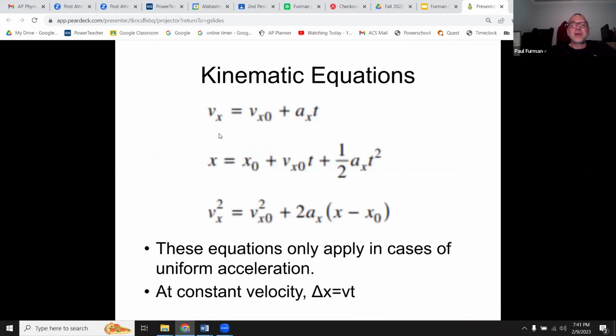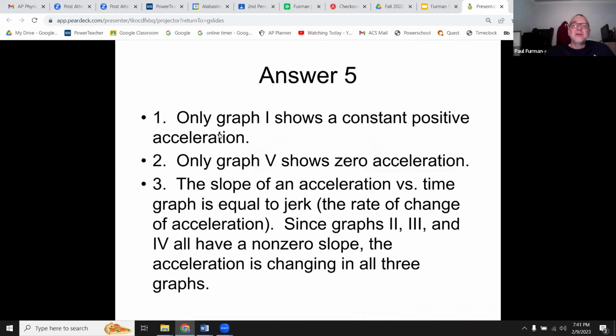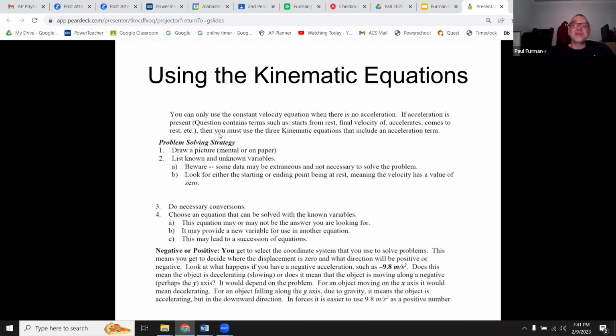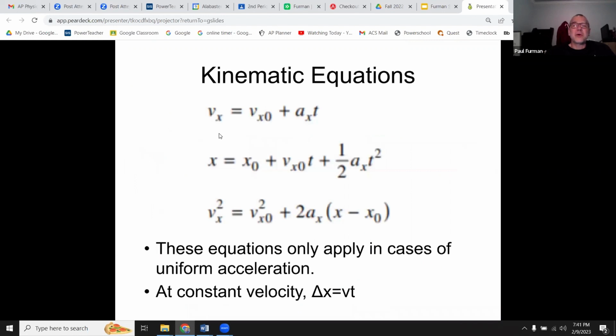There's a reference to a constant velocity formula. If you have a constant velocity, basically your acceleration is 0. So going back, if acceleration is 0, the first equation says final velocity equals initial velocity. That's true, but not real useful. The second equation becomes delta x equals v naught t, because if acceleration is 0, the 1/2 at squared goes away.